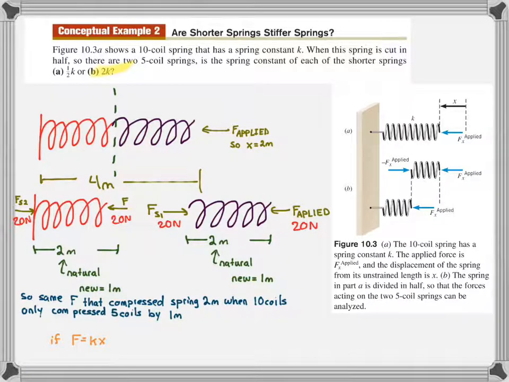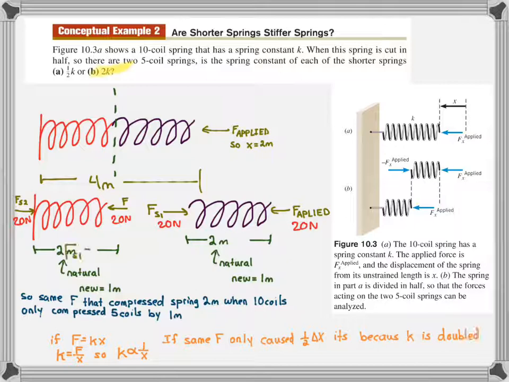And if F equals kx, and if we reverse it, k is equal to F over x, so k is inversely proportional to x. So if the same force only causes half the displacement, it's because the k has to have doubled.